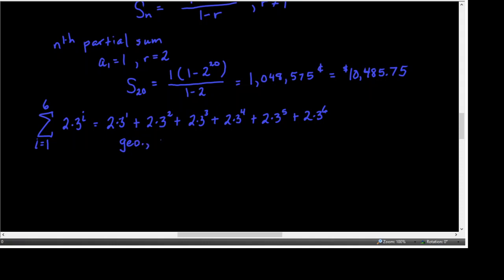The first term would simplify to be 2 times 3 to the first, which is 6. And r, of course, you're multiplying by 3 to go from term to term.